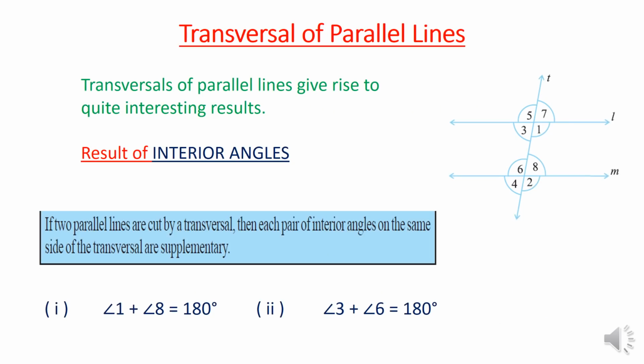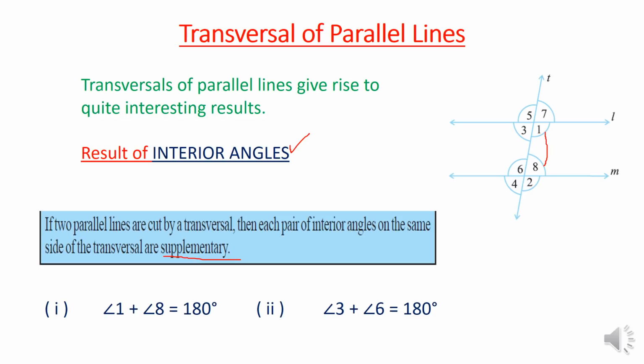Next is the result for interior angles. If two parallel lines are cut by a transversal, then each pair of interior angles on the same side of the transversal is supplementary. We know that for supplementary angles, the sum of the two angles is 180 degrees.